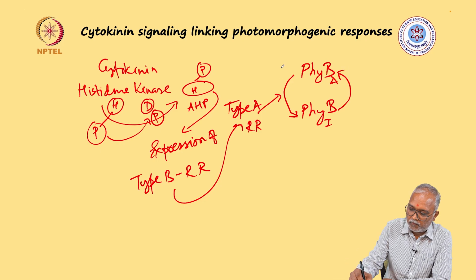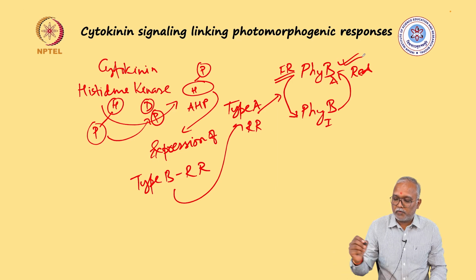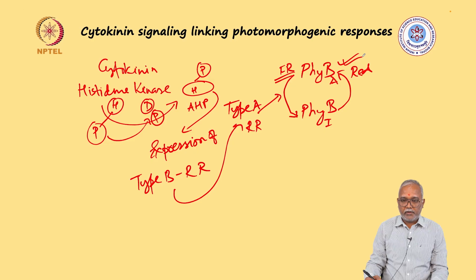So, this was far red light and this was red light. The presence of type A was ensuring that this conversion is blocked. The active form going to inactive in the presence of far red, or blocking this conversion and then giving more time the phytochrome B to induce the signaling.